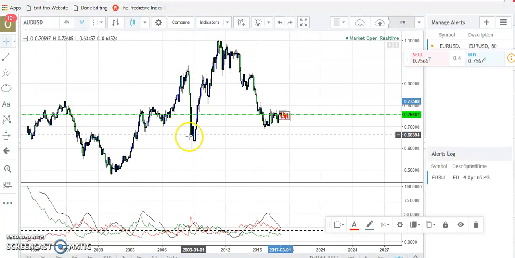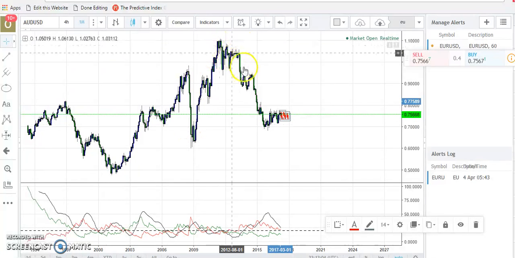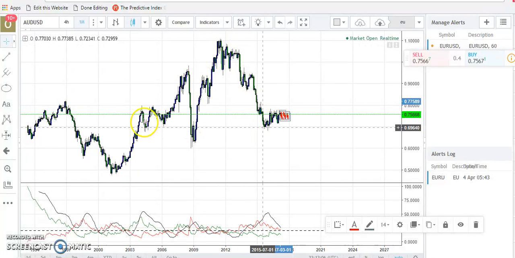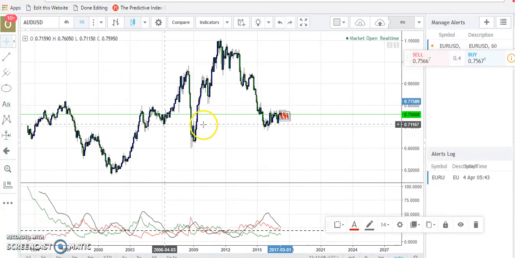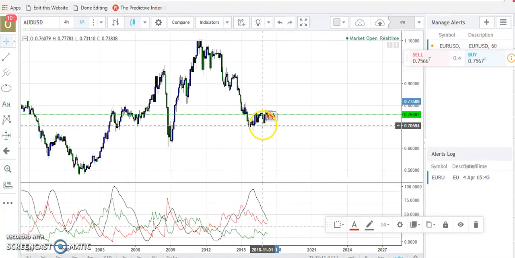Even though it broke past, it still didn't keep going. Every time it hit this area, it started to go up. So that's why I believe that AU is going to ultimately transition to an uptrend, even though it's in a downtrend now.